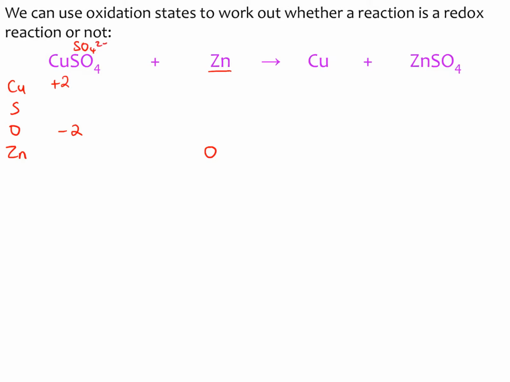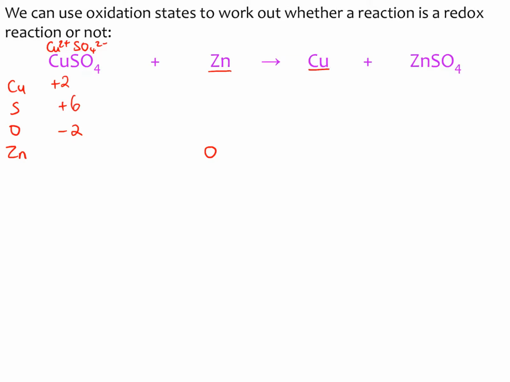Sulfate is SO4 2-, that's one of the ions that we need to learn, so the copper therefore has to be the copper 2+ ion for CuSO4 to be neutral overall. Sulfur is +6. Now we can work that out using the rules. There are 4 -2 oxygens, so -8 overall for oxygen in the sulfate ion, so sulfur has to be +6 for the +6 and the -8 to equal the -2 charge of the sulfate.